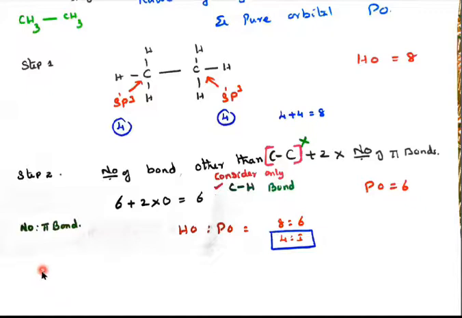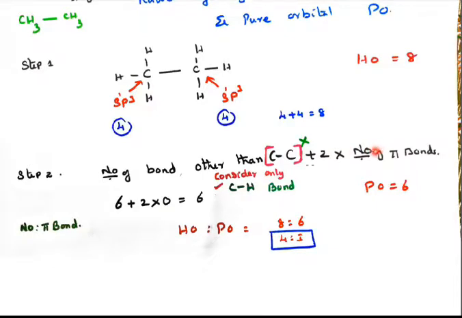So let us see this. Number of bonds other than the CC bond: how many? CH bonds 1, 2, 3, 4, 5 and 6. There are 6 CH bonds, plus 2, as per the rule, into the number of pi bonds.